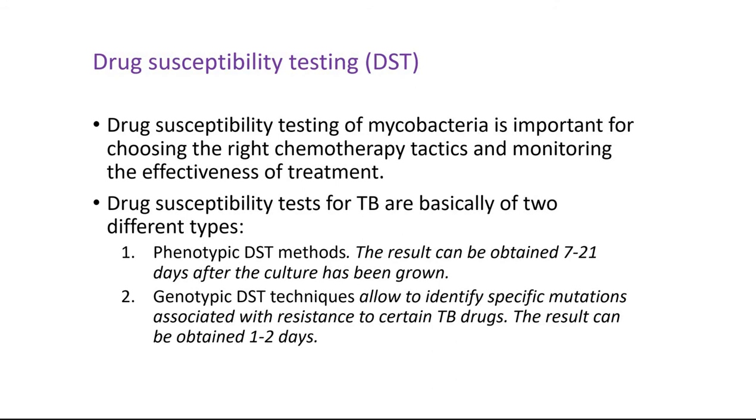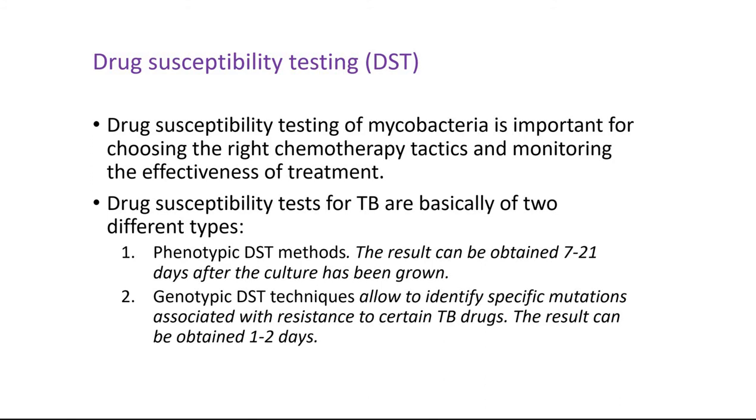Drug susceptibility testing of Mycobacteria is important for choosing the right chemotherapy tactics and monitoring the effectiveness of treatment. Drug susceptibility tests for TB are basically of two different types. The first type is phenotypic drug susceptibility testing methods. The result can be obtained from 7 to 21 days after the culture has been grown.